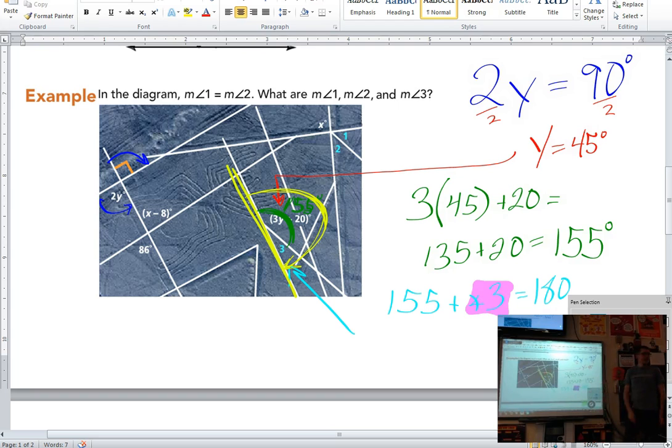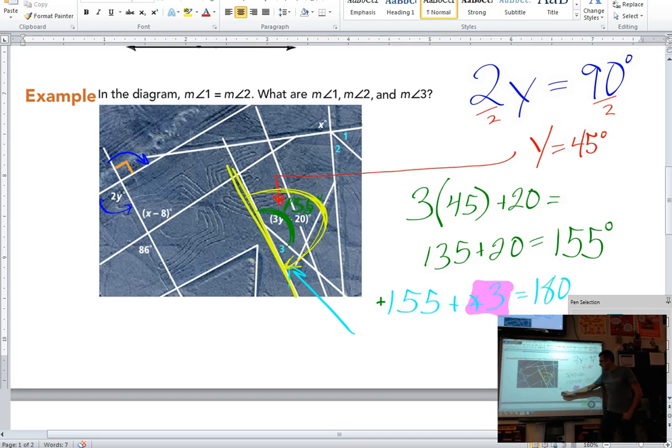So I want to isolate that, angle 3. What is it attached with, Atticus? What else is on the left-hand side? The 155. That value is a positive value, right? Because angles are all positive. How do I get rid of a positive 155? Subtract it.